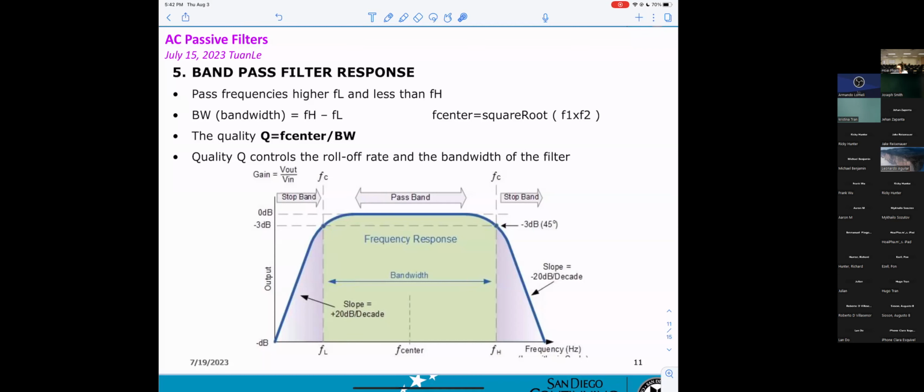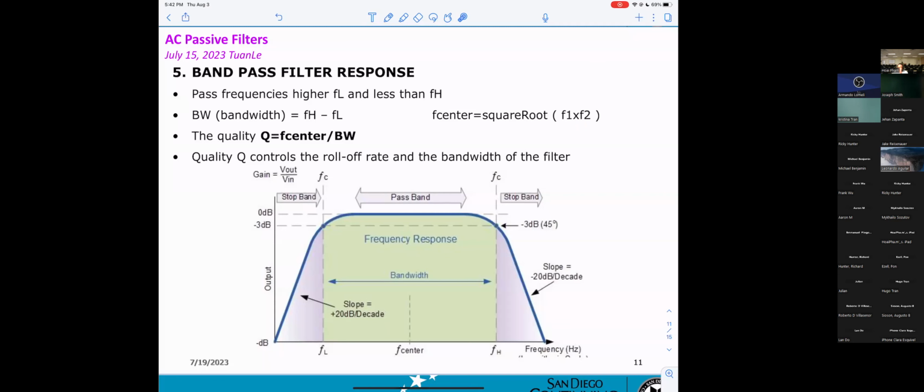Bandwidth means you measure from F low to F high, equal to F high minus F low. And you get the center frequency, which is the square root of F low times F high. And also you get the quality factor Q.